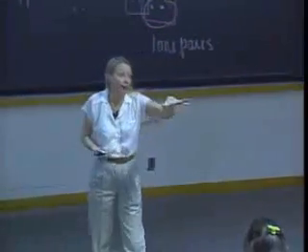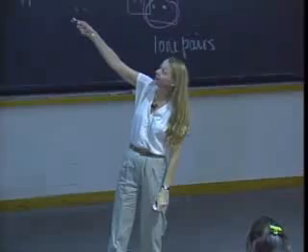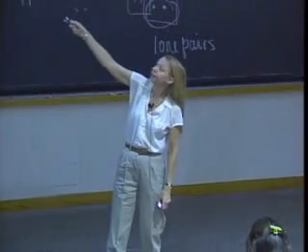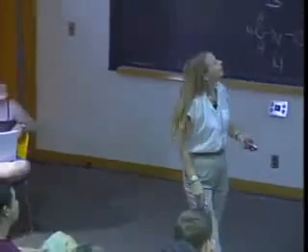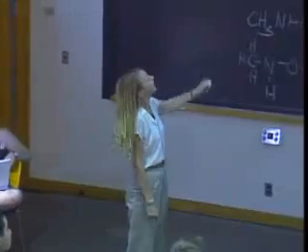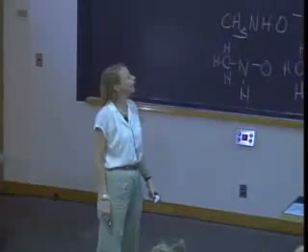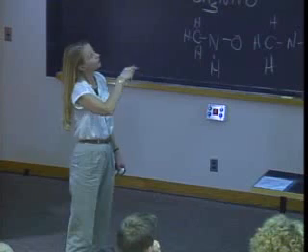I know ahead of time that we're going to put the nitrogen in the center. If you just had NO3 minus and didn't know anything, you would have to play around with some structures and look at formal charges. But I've already done that playing around, so I know to put nitrogen in the center. Let's do the Lewis diagram for this. We count up the valence electrons. We've got 6 for every one of the oxygens, and 5 for the nitrogen.